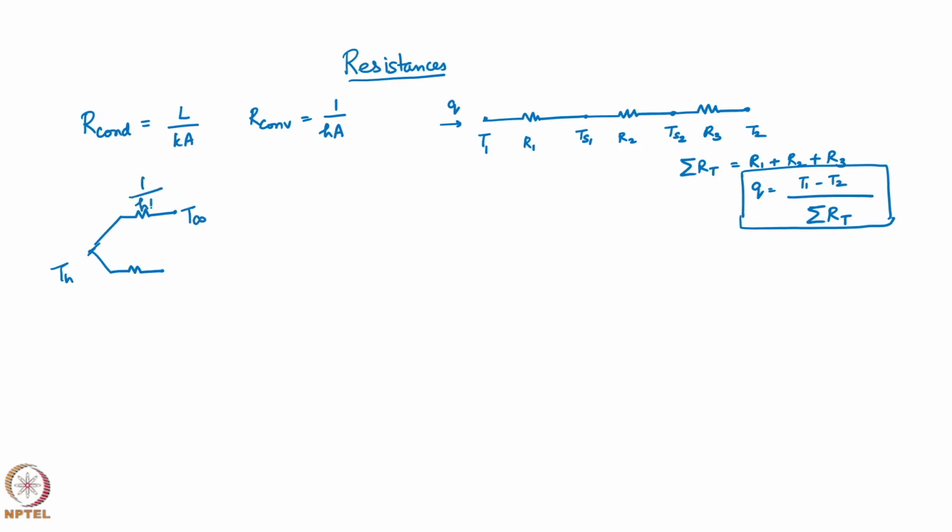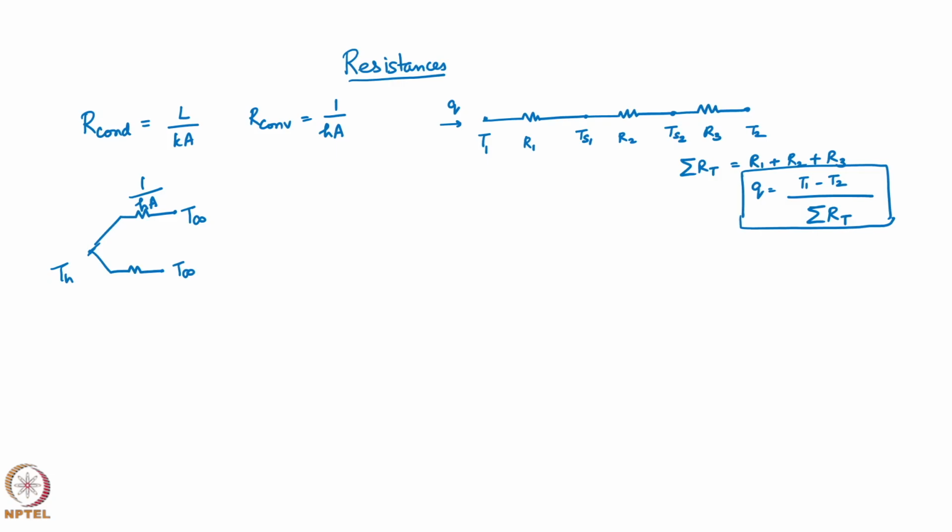So, we have 1 over hA, there is radiation to that. This is between the surfaces which is at T infinity and the solid wall and the walls which are at T infinity, for example. So, large room, you have a heated plate which is at Th and the room air and the surfaces are also at one temperature, say T infinity.